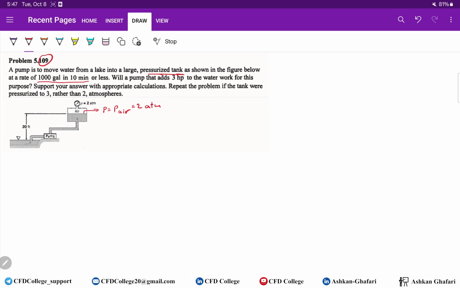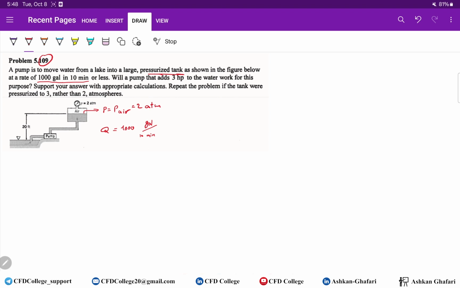So actually we know the flow rate. So Q equals 1,000 gallons in 10 minutes. Remember that. Not per minute, per 10 minutes.